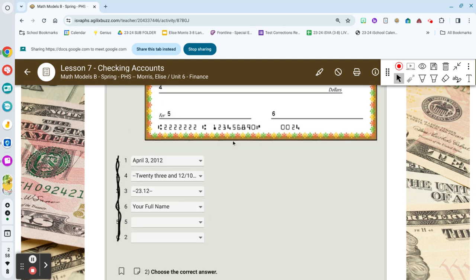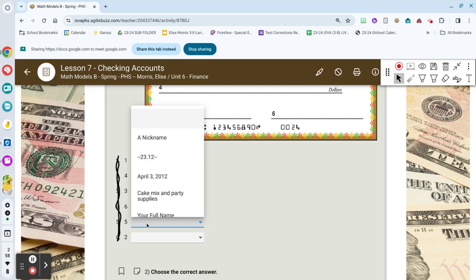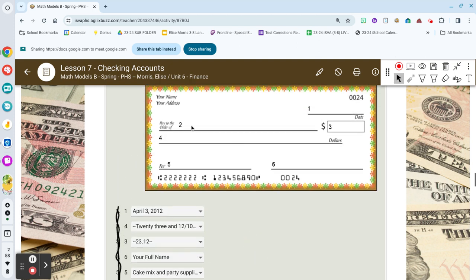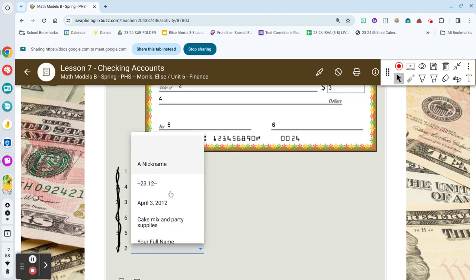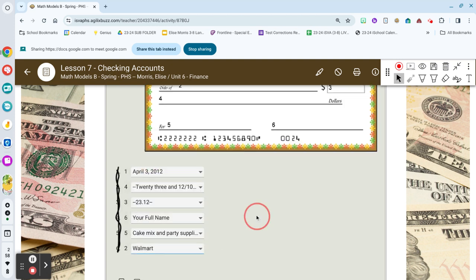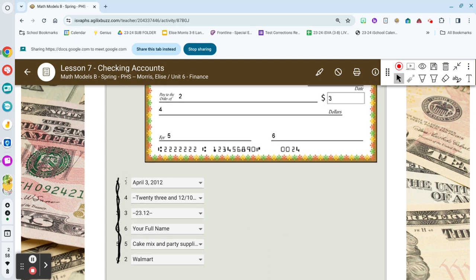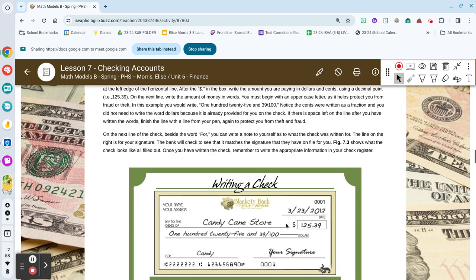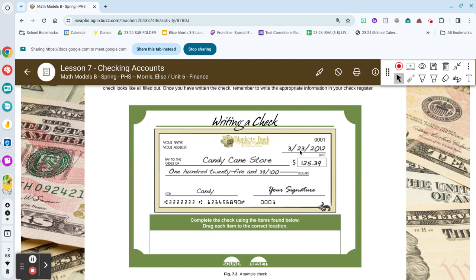Number 5, this is where you would make notes about what it was you bought. Number 2 is the store. So there we go. Okay, a little confusing, but go by those second numbers and submit. Definitely make sure you do this little activity here so you can keep it all straight and you have an example to follow.